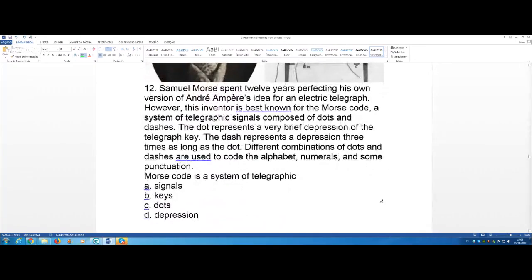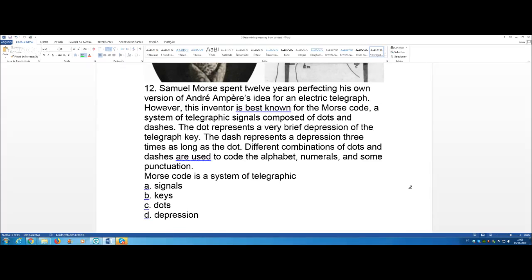Morse code is a system of telegraphic signals, I think. How do you know? Because it's my knowledge. Let me check the article. However, the inventor is best known for Morse code, a system of telegraphic signals.